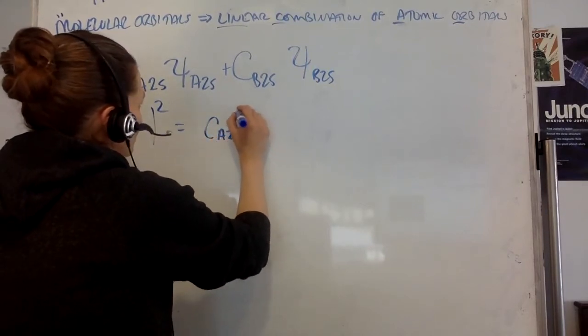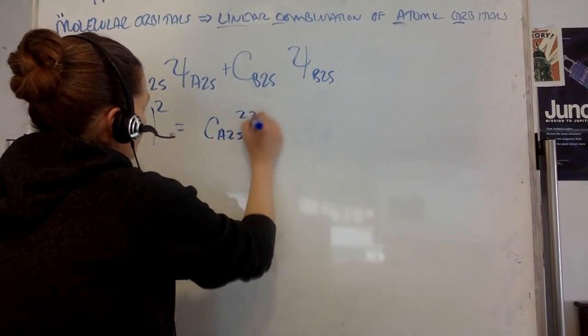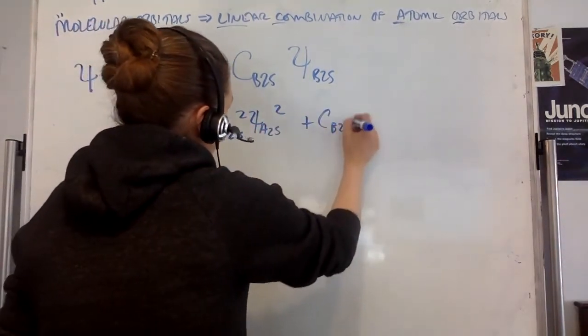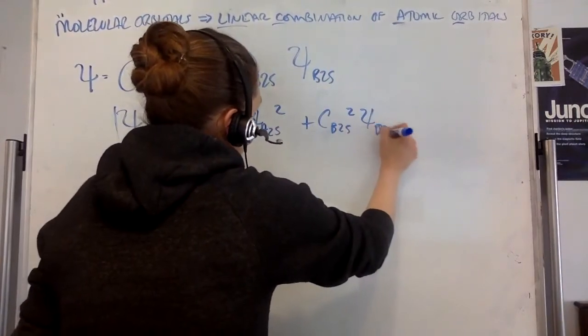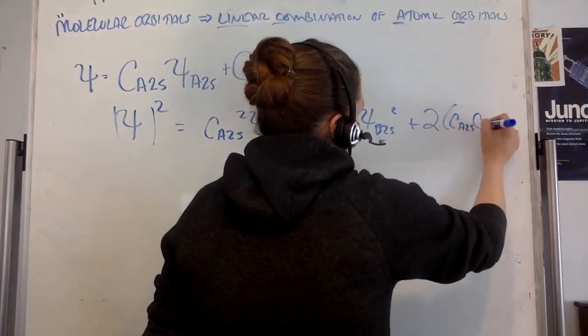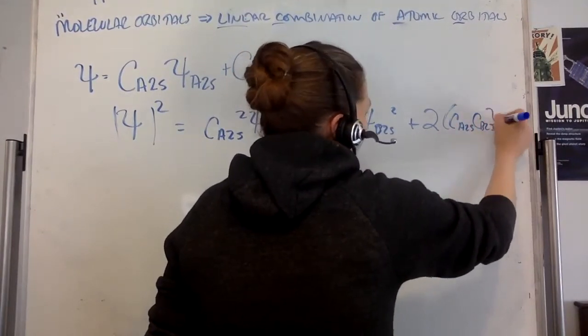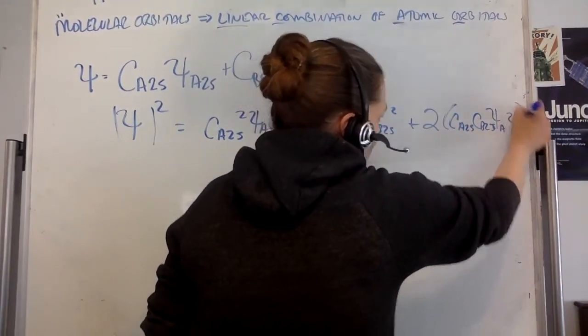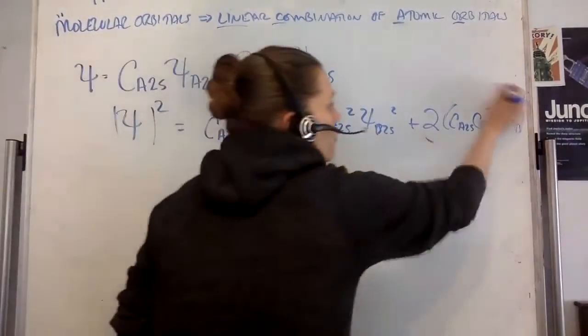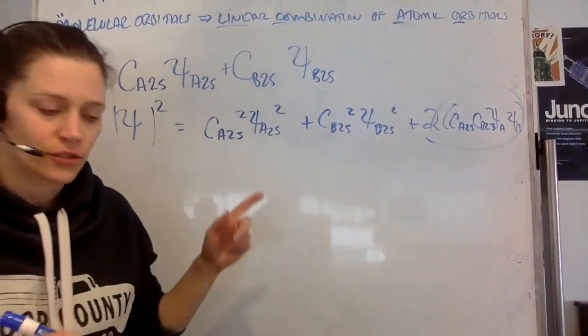Ca2s squared psi A2s squared plus Cb2s squared psi B2s squared plus now 2 Ca2s Cb2s psi A psi B. Okay, shorthand notation. Okay, so remember, that's your overlap integral.